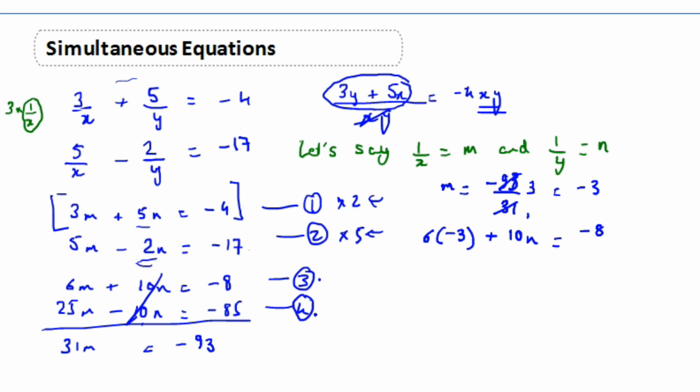So 6 times negative 3 is negative 18, plus 10n is equal to negative 8. I add 18 to both sides, so the 18 and plus 18 cancel, and we are left with 10n on the left side, and negative 8 plus 18 gives me 10. I divide both sides by 10 and I get the value of n equals 1.